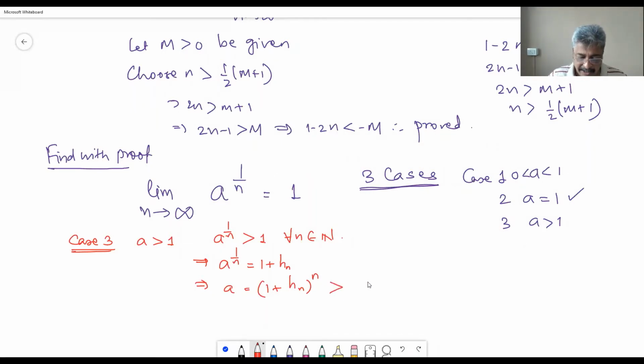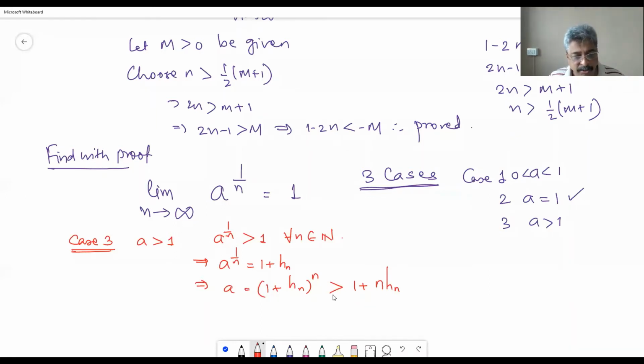Therefore here I can write that (1 plus h_n) raised to n is going to be greater than 1 plus n times h_n by the binomial theorem. This is the binomial expansion, and I am taking only the first 2 terms and ignoring the rest. Therefore the RHS is going to be less than this quantity, correct?